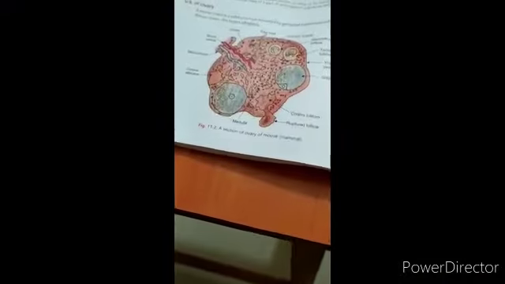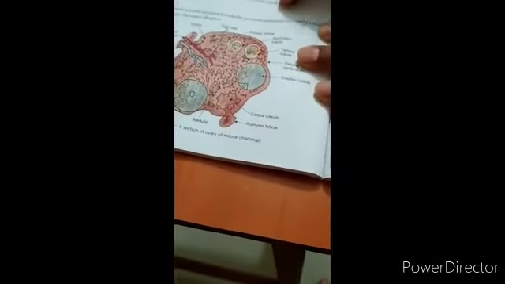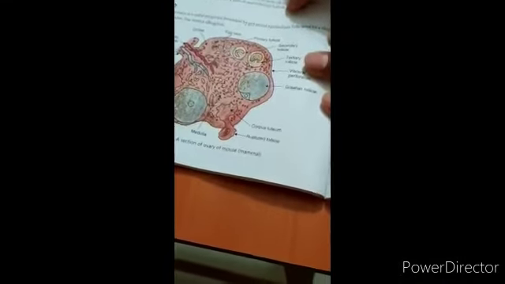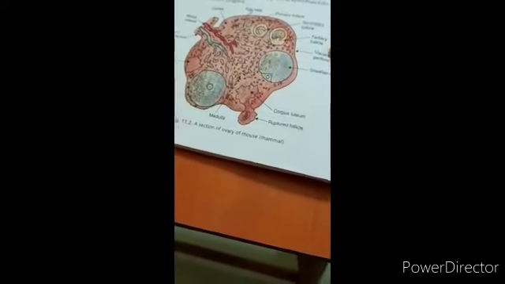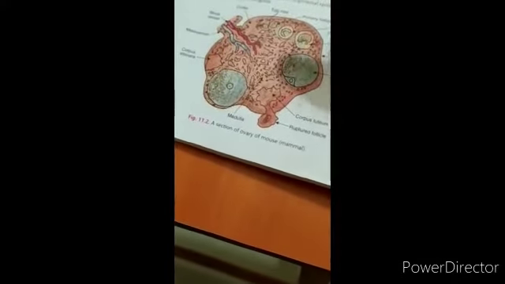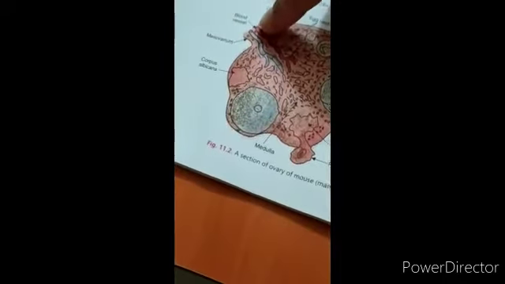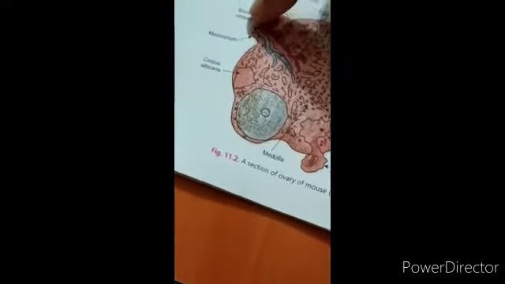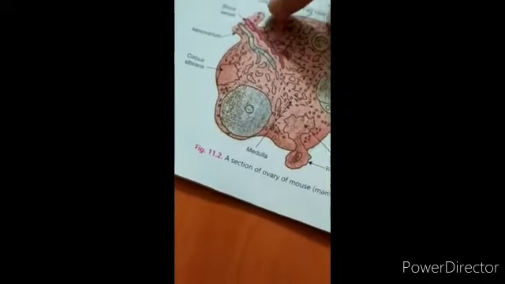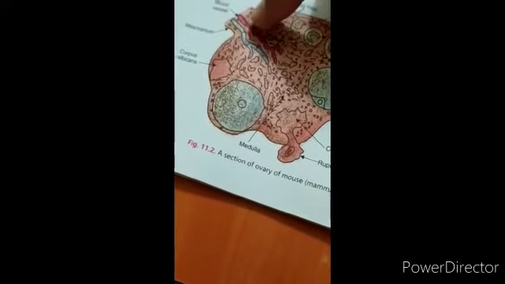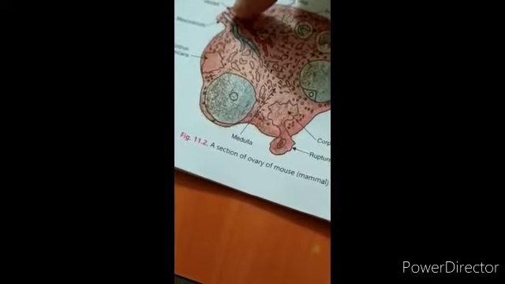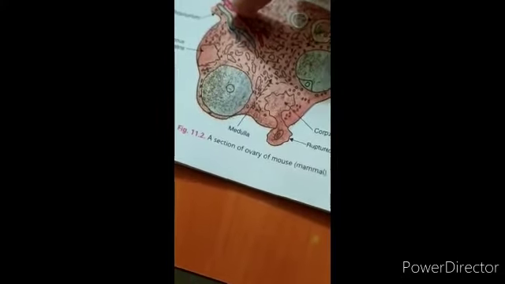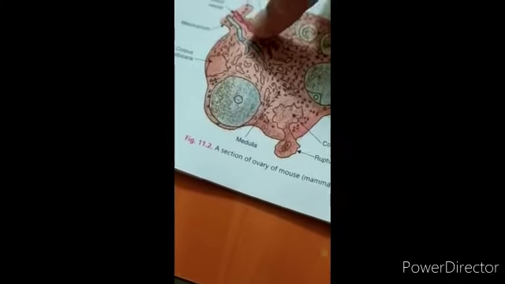Now coming to the diagram which is given in the text. Now students, you can see here in the textbook the diagram of the ovary. This is the region which is attached to the uterus, and you can also see the blood vessels which are supplying the blood to the ovary.